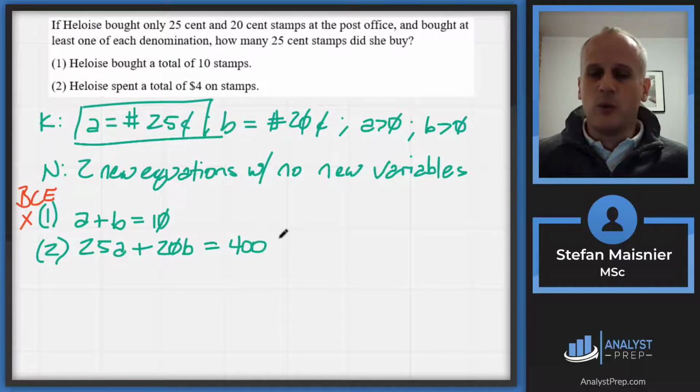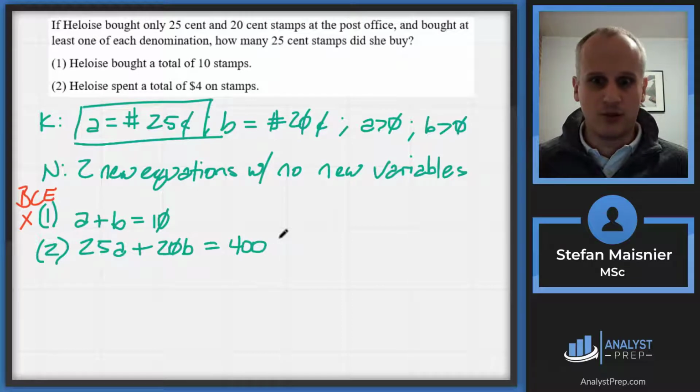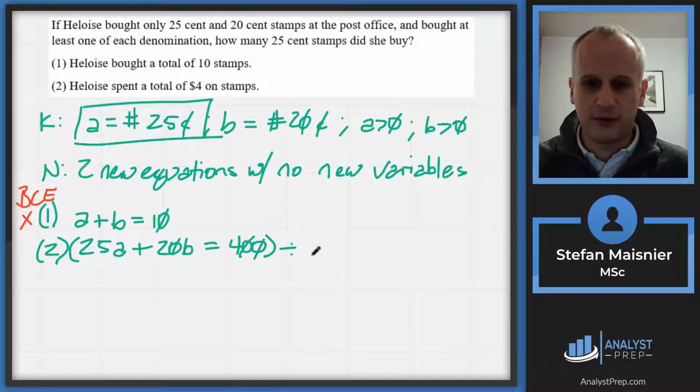So now, with word problem data sufficiencies, when the algebra is this direct, you probably want to make sure that there's not like just one outcome that's possible. So we can simplify this for ourselves really nicely. Just divide out 5 from all of the coefficients. So we simplify it as 5A plus 4B is equal to 80.